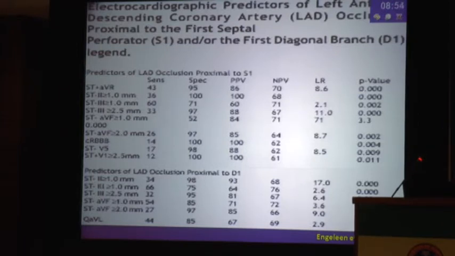I don't want to bother you too much with this particular busy slide, but just see the sensitivity of all these signs. Be it ST elevation in AVR, 95% specific. Sensitivity is not too much. ST AVR more than 1 millimeter, 52% sensitive. So you are not going to have a high sensitivity of these parameters, but the specificity, the positive predictive value, is very high.